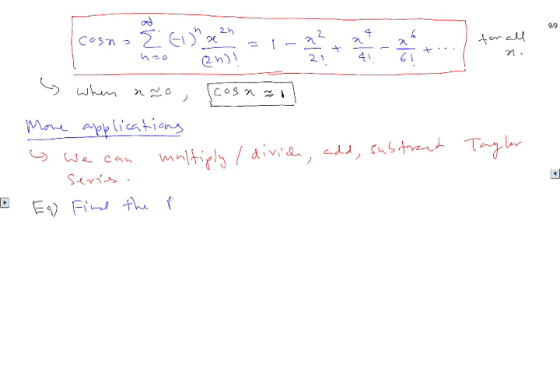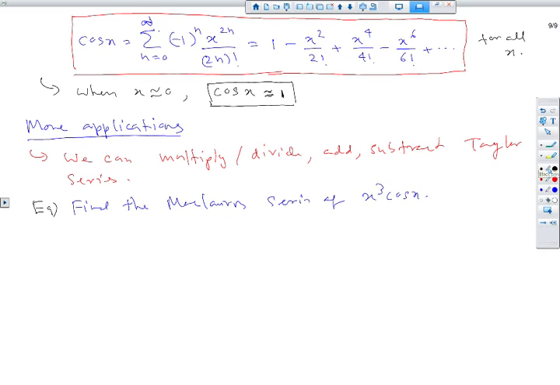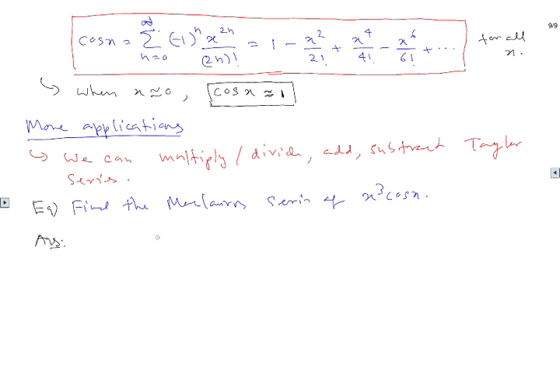Let's say find the Maclaurin series of x cubed cosine x. You can see that this is not very hard. We already know the cosine series.